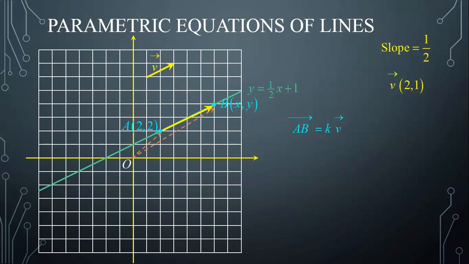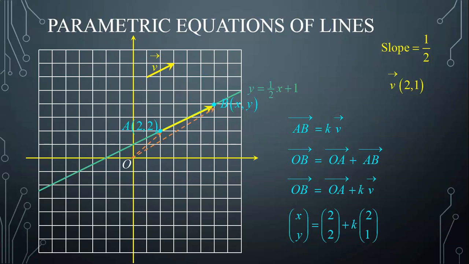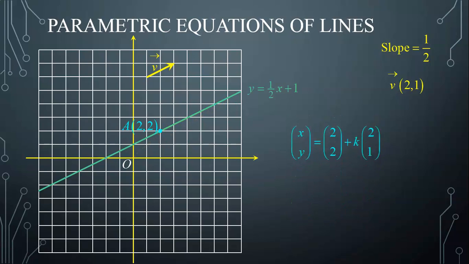Now, considering the position vectors OA and OB, according to the triangle law, OB is equal to OA plus AB. Then replacing AB by k times the vector V, we can now replace the vectors by their coordinates using column vectors. Now, what does that vector expression imply?